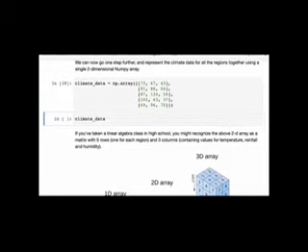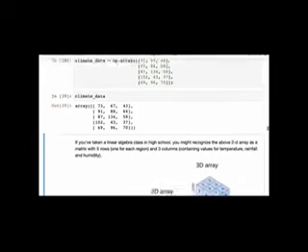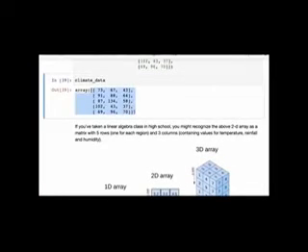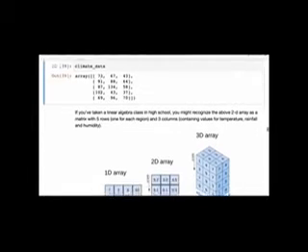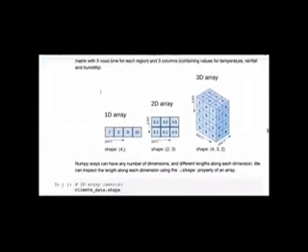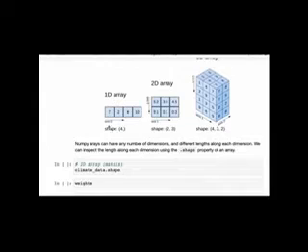Okay, so we create this array, and once again we get back this array object, but this time this is a 2-dimensional array, right? It is no longer a 1-dimensional array. And that is what makes NumPy arrays so flexible, that they can have any number of dimensions. So here is a 1-dimensional array. This is what we looked at, a vector.